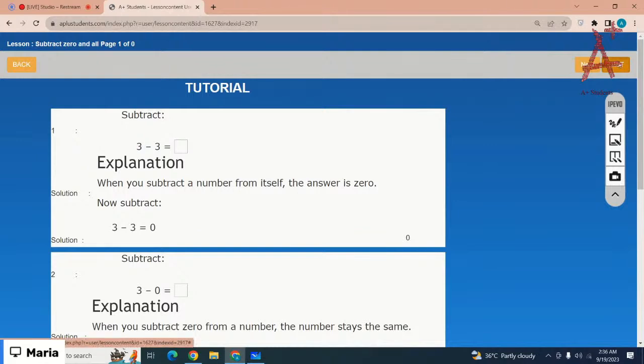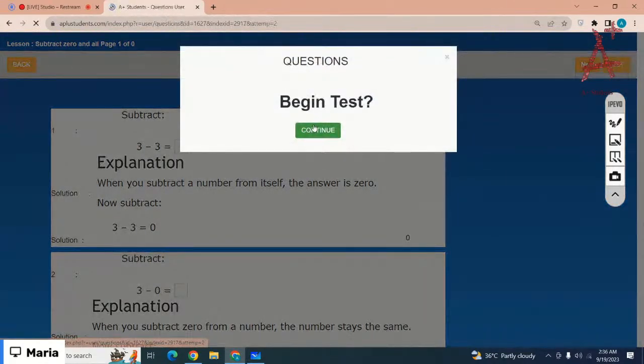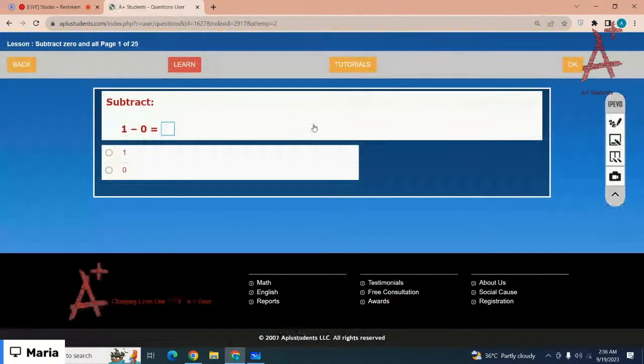Let's just start with the practice questions. 1 take away 0. Subtracting 0 from a number, the number stays the same.